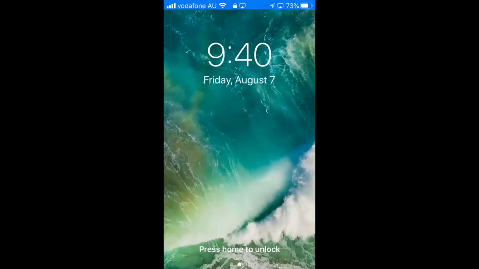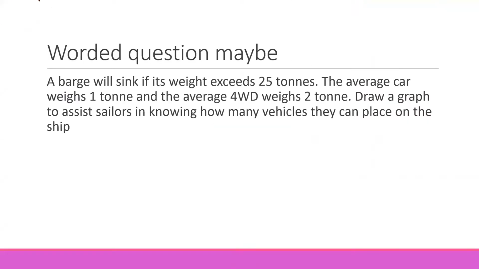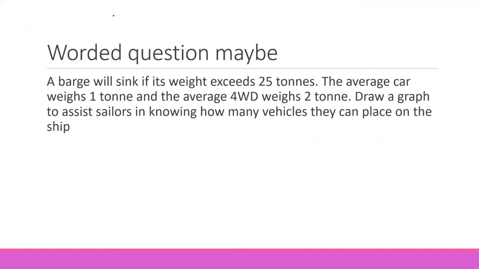So next, last but not least, let's give this worded question a try, shall we? We've got about 5 minutes left, so I'm not sure that we'll get through all of it, but we can give it a try.